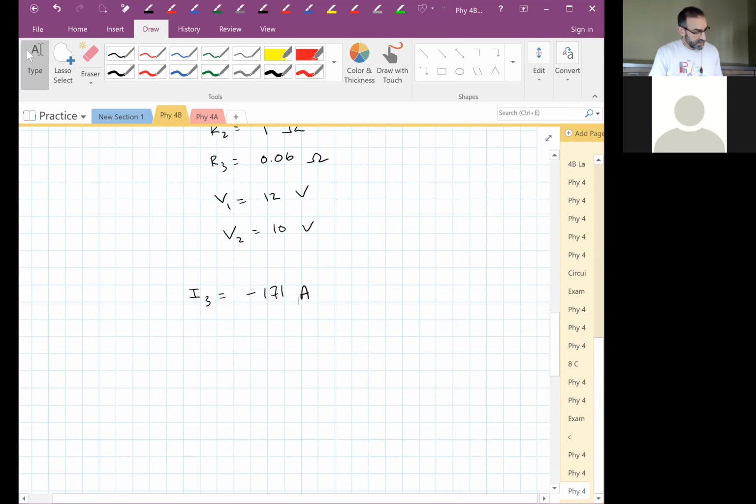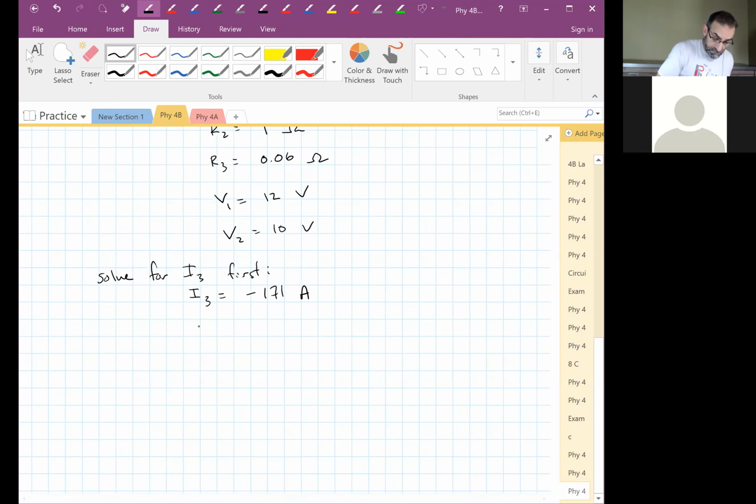So I just solved and got negative 171. Then for I2, I get negative 0.283.